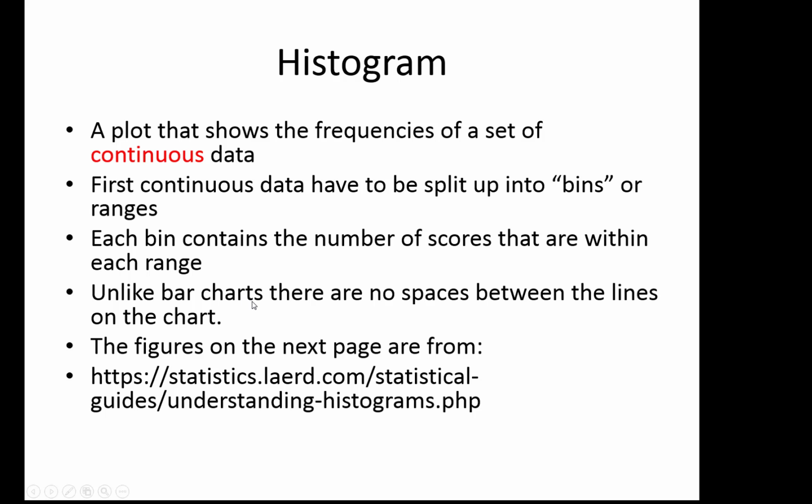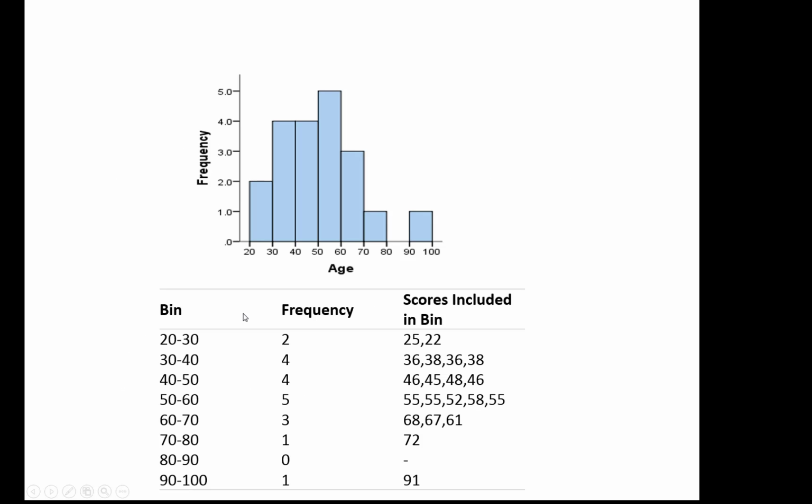Unlike bar charts, on histograms there are no spaces between the bars on the chart, indicating that it's a continuous variable, although you might have some missing bins, and we'll see one like that next. Okay, so this is a histogram that displays the number of people in each age group in a sample.